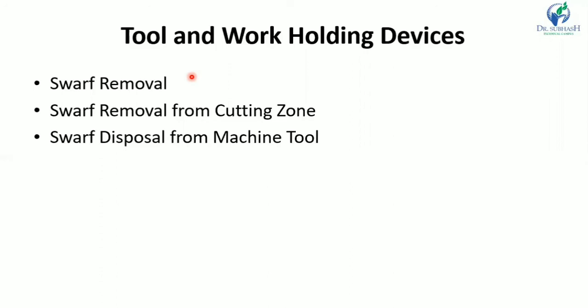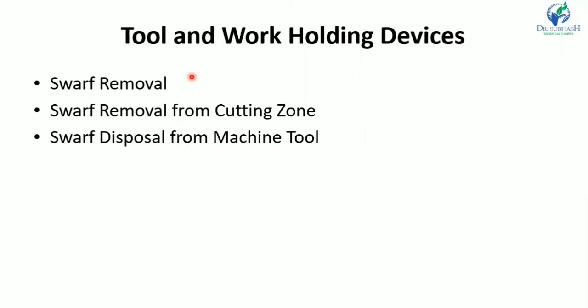So to avoid this problem, an efficient swarf control system should be provided with the CNC machine tool, with some mechanism to remove the swarf from the cutter and cutting zone, and for the disposal of swarf from the machine tool area itself.